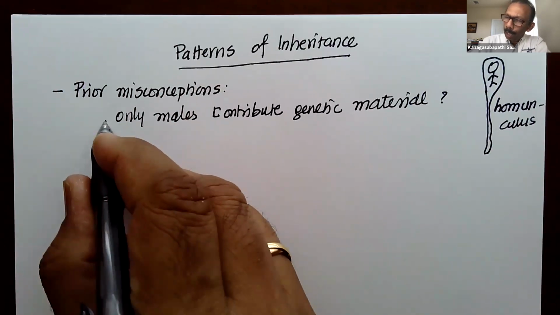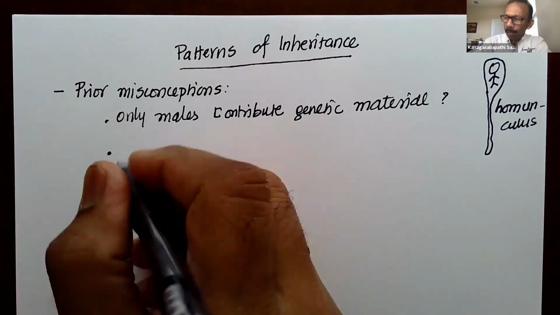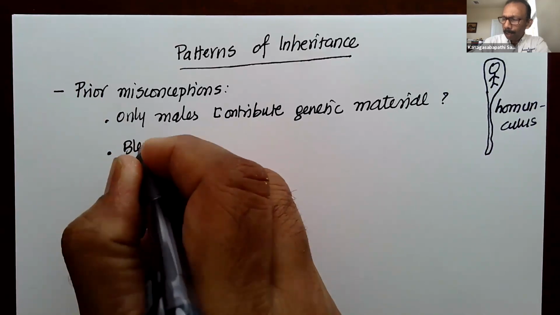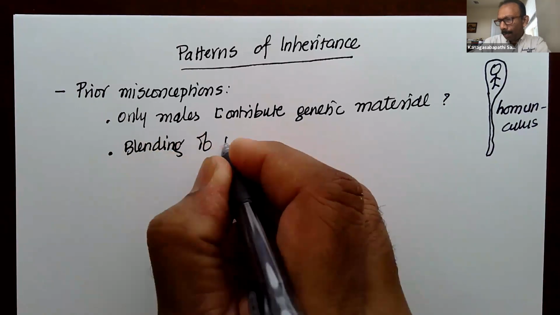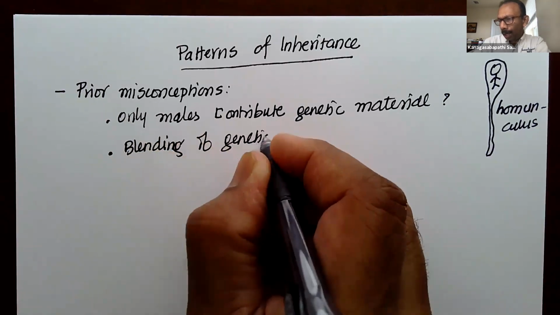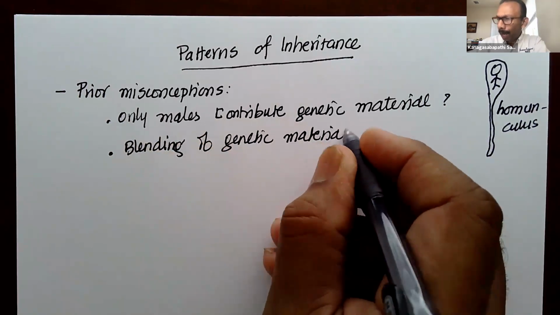And the other idea was that there is blending of genetic material from both parents.